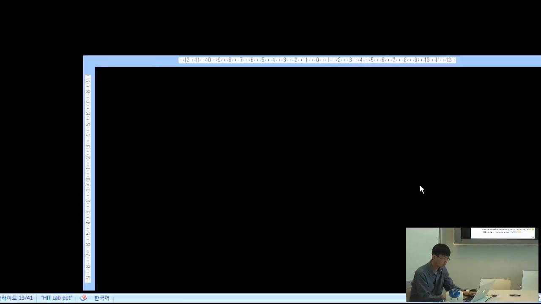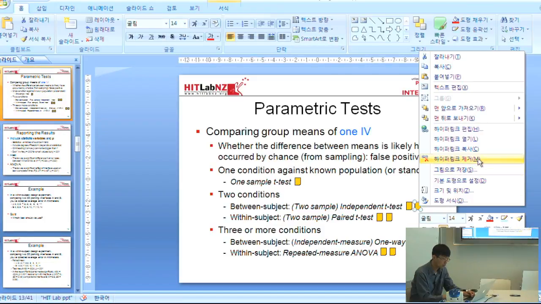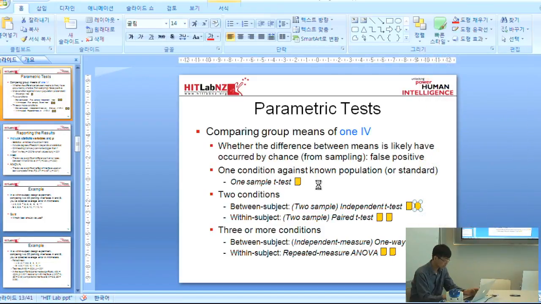So this one is not working on this side. I could pretty much copy the link.